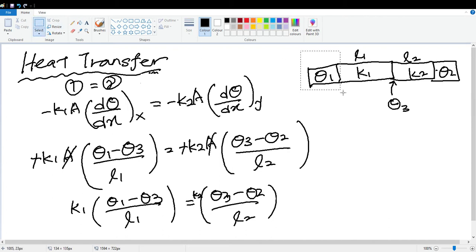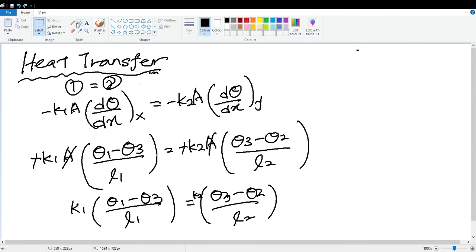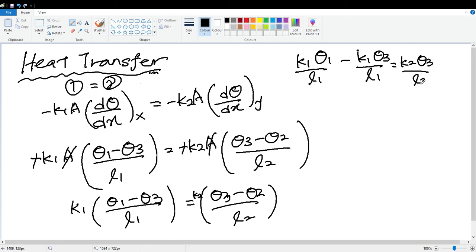In order to express theta 3 in terms of all of this equation, what I need to do is expand this K1 into the equation. So this is K1 theta 1 over L1 minus K1 theta 3 over L1. So this is K2 theta 3 over L2 minus K2 theta 2 over L2.